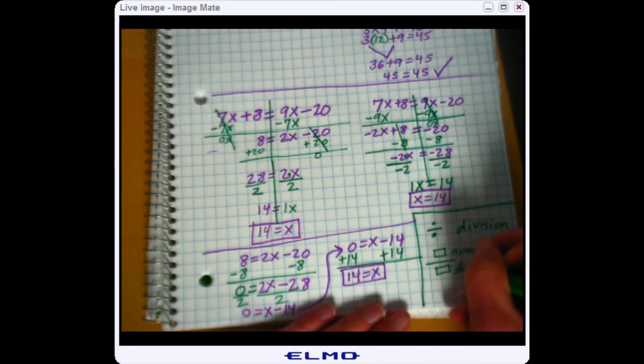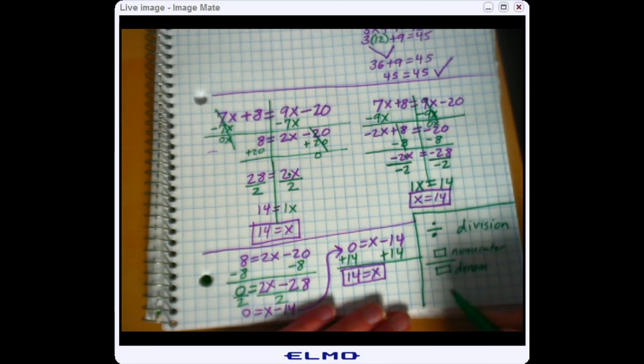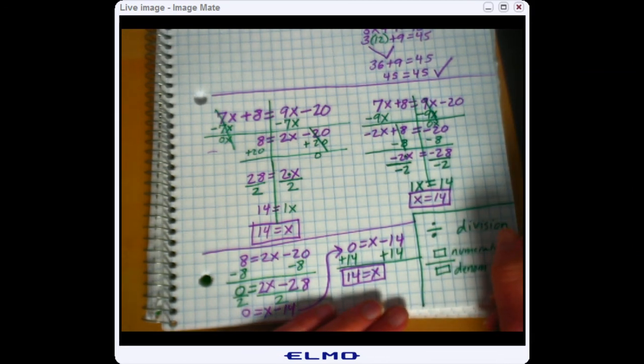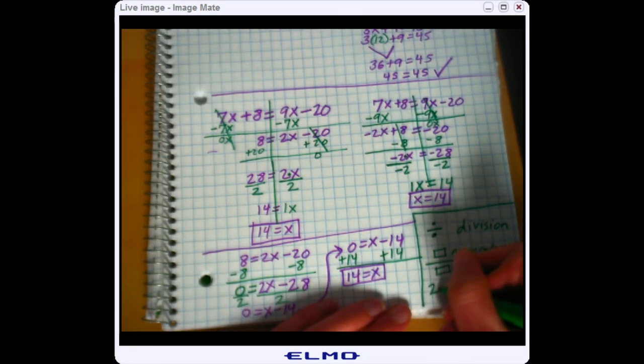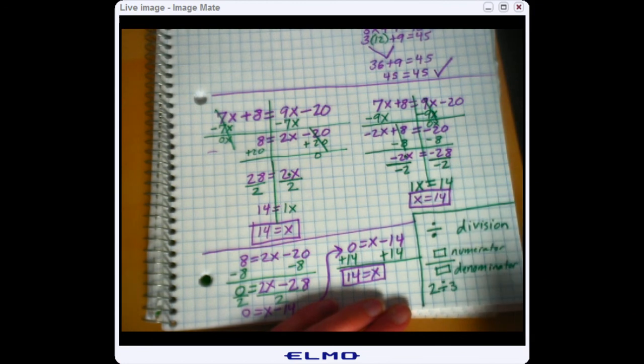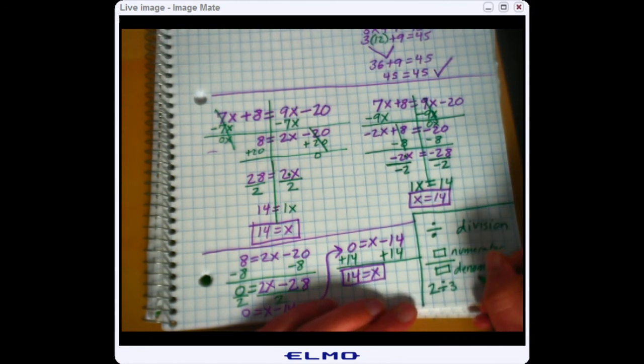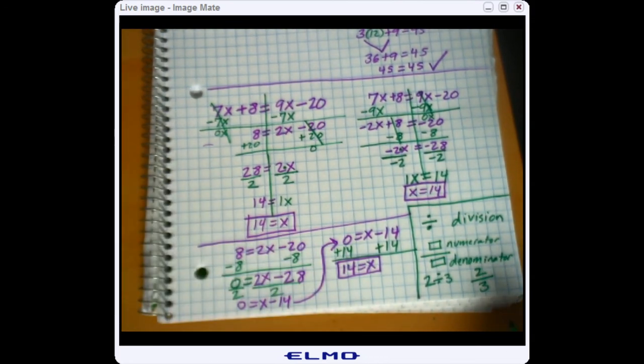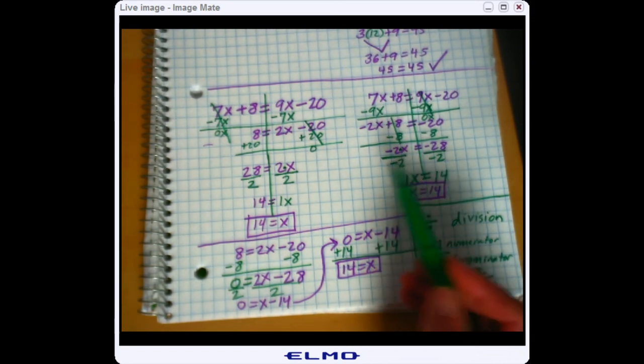So your division symbol is actually just a shortcut to writing a fraction. Instead of writing 2 divided by 3, I can write that as 2 over 3. These are the same thing, and that's what these dots are telling you: this really is a fraction. That's why I'm using my fraction line as my division symbol there.